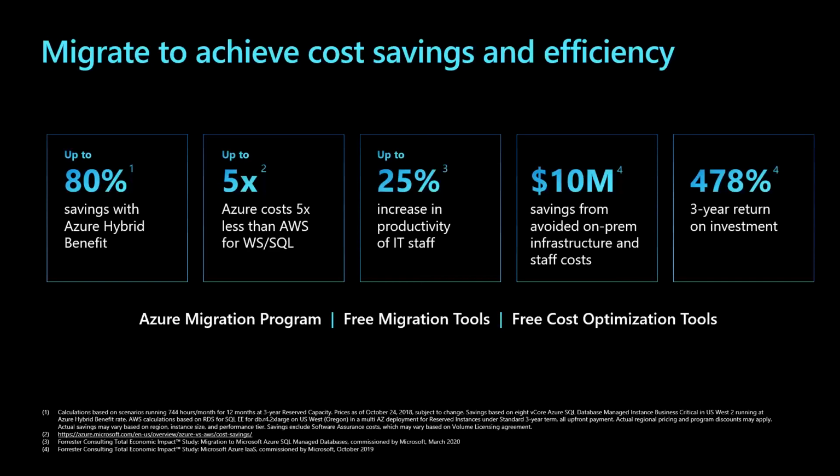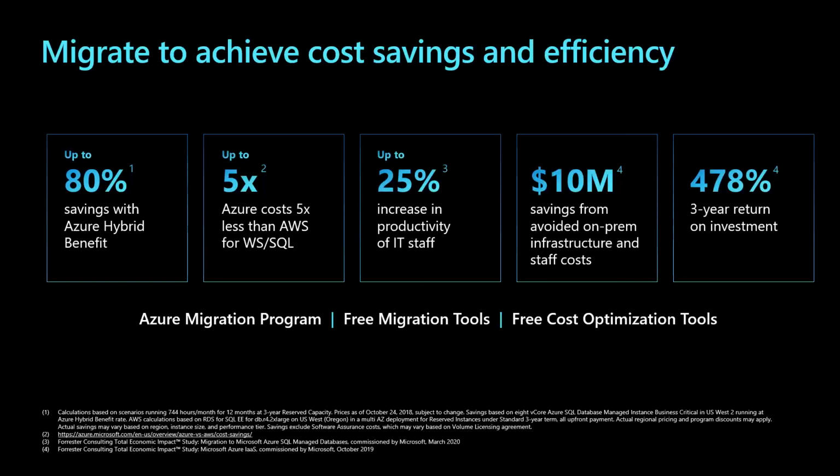So again, that's a huge advantage for those of you with Software Assurance. Azure is up to 5 times less than Amazon Web Services, especially for virtual desktops and SQL licensing. We'll get into that in a minute.